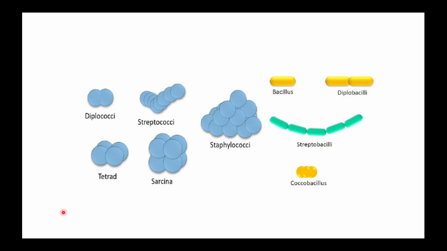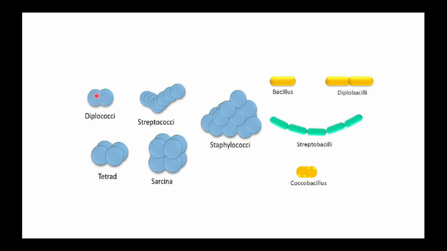Cocci is plural and coccus is singular. And if the cell is rod shaped, it is called bacillus. Bacillus is singular and bacilli is plural. So one rod will be called bacillus, multiple rods will be called bacilli. One sphere will be called coccus, multiple will be called cocci.